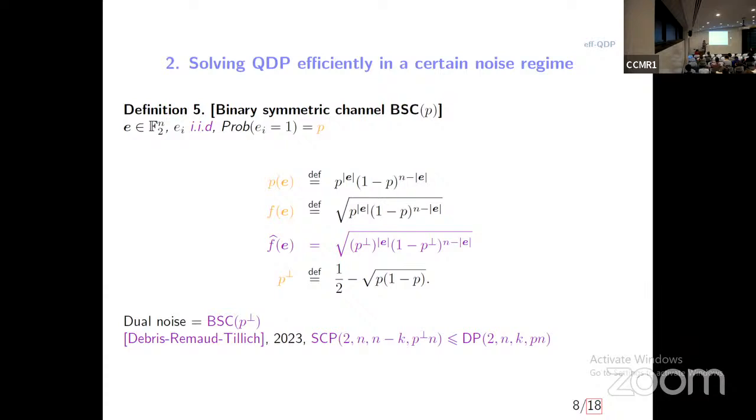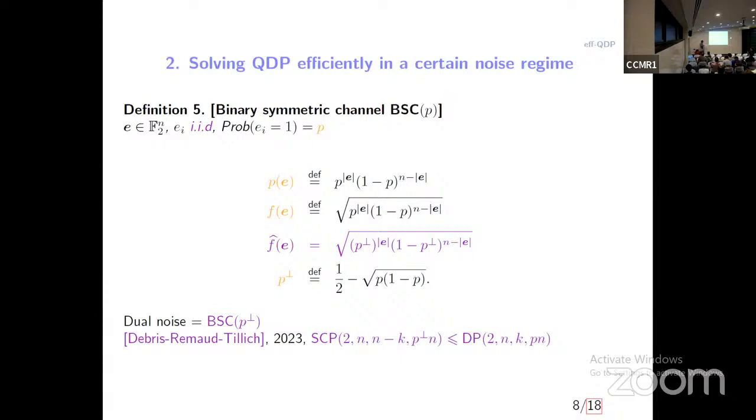If you're able to solve the quantum decoding problem, you're going to output vectors of weight P orthogonal times N in the dual, which is probably good. If you do this classically, you can just show that if I want to decode errors of weight Pn, I can find vectors of this weight in the dual.